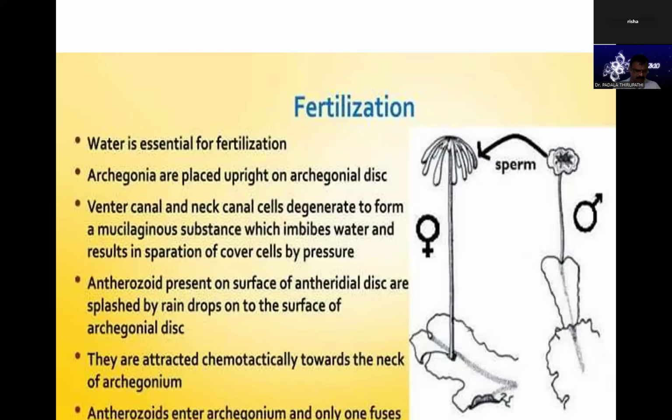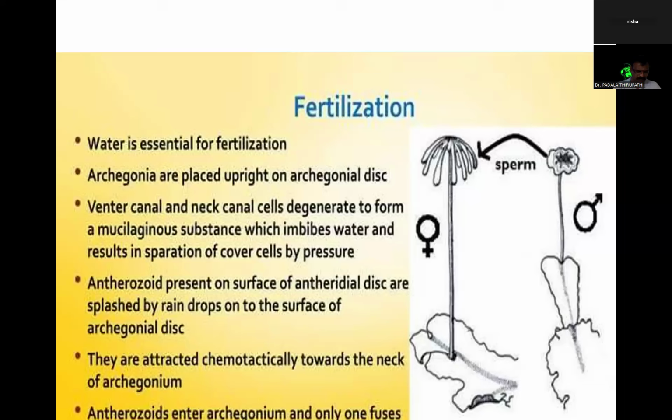In the antheridial chamber of the antheridiophore, antheridium is present, and each antheridium will produce antherozoids. Antherozoids swim in water and somehow reach the archegonia. There in the venter, the egg cell is present. There it fuses, thus fertilization takes place. So about that you are studying here.